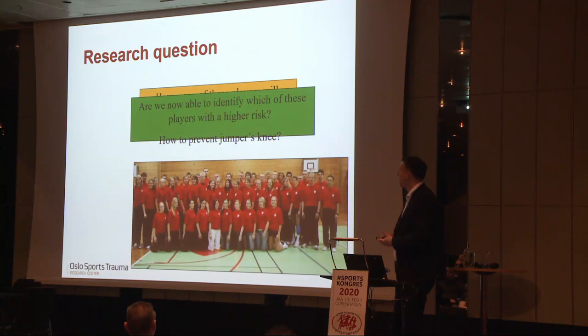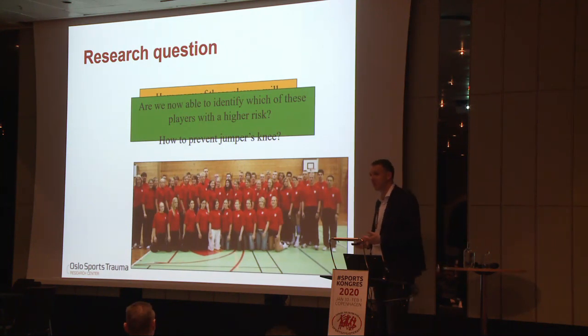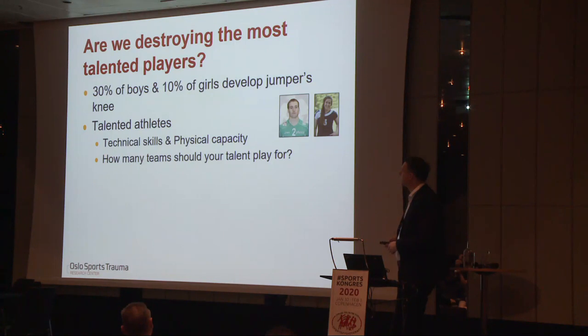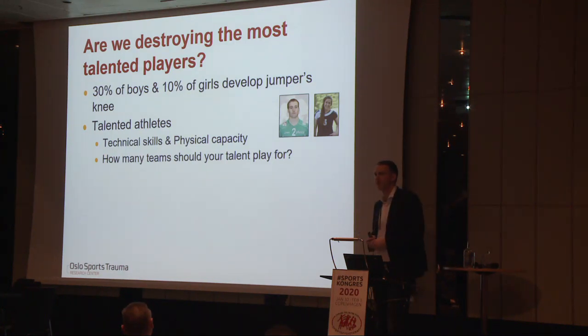So far we are not able to prevent it, but we are researchers, and we are very good at identifying risk factors. So we concluded after this year that we are destroying the most talented players. That's the conclusion of our study.